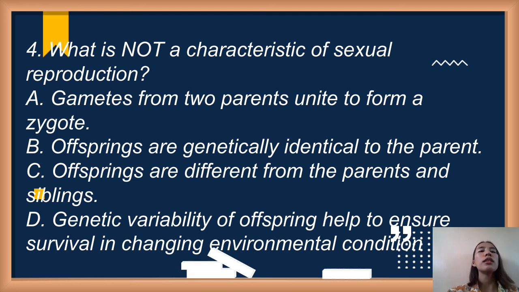D. Genetic variability of offspring helps to ensure their survival in changing environmental conditions. What is the answer? Letter B, because we are looking for what is not a characteristic of sexual reproduction. In sexual reproduction, the offspring are not identical to the parent.